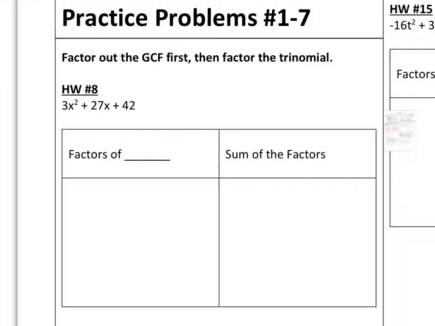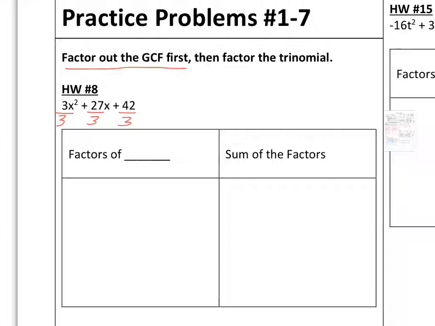And the way we do that is we look at the three terms, the a, the b, and the c, and we see if there's a greatest common factor. Is there anything that goes into 3x squared, 27x, and 42 that we can factor out? And the answer is that 3 goes into all 3 of those. So we're going to divide each one of those by 3.